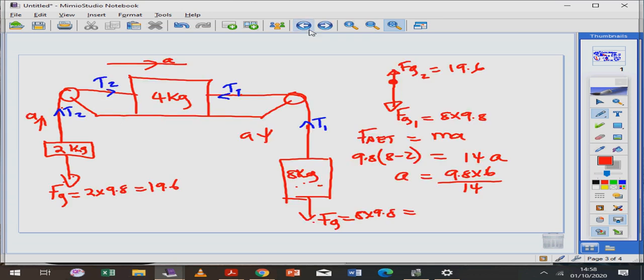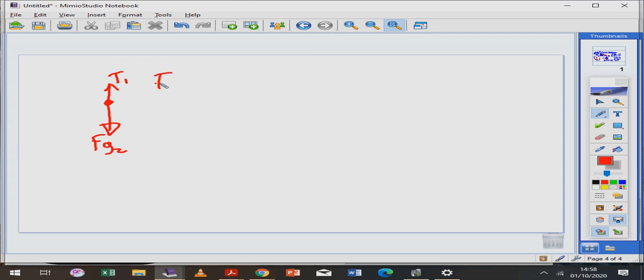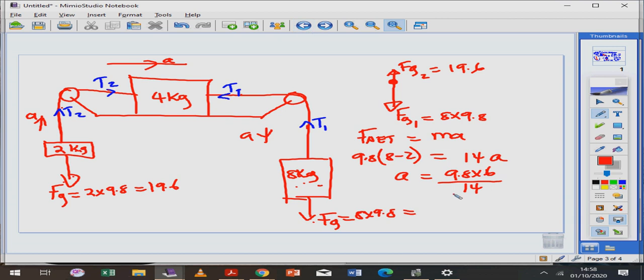And I know that the acceleration of the system is the same, so its equation is F net equals ma. F net is going to be the Fg2 minus the tension 1 equals mass of only that object, which is 8, times acceleration of the entire system, which I calculated here.